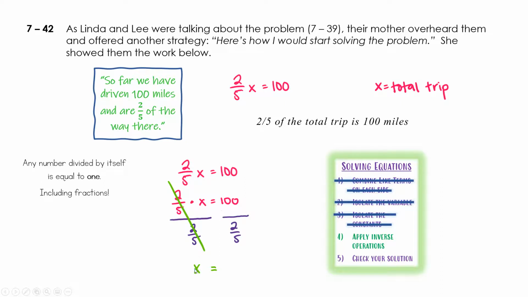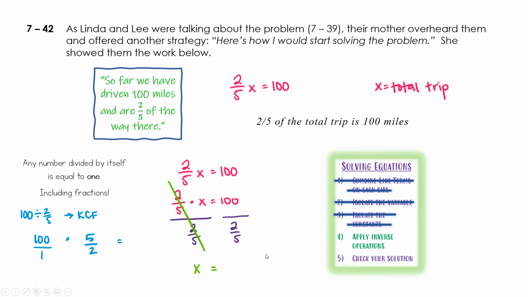So I have x left on the left, and then I still have 100 divided by 2/5 on the right. To divide fractions, I need to do my keep, change, flip. So I will keep the 100, I will change the division to multiplication, and then I will flip 2/5 to find the reciprocal, which is 5 over 2.